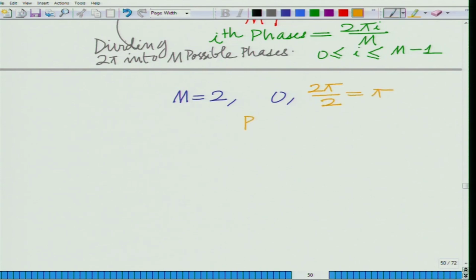So the phases are 0 and pi for M equal to 2, that is 0 and 180 degrees, which means it reduces to binary phase shift keying. In general you can have any M. That is M-ary phase shift keying.